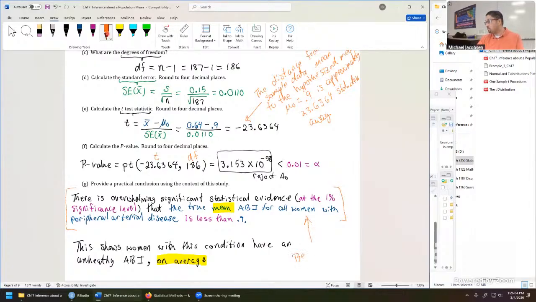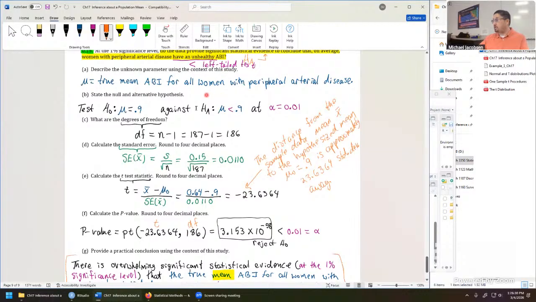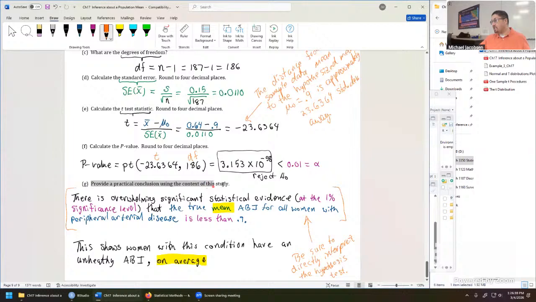Be sure to directly interpret the hypothesis test, meaning whatever you said the null and the alternative hypothesis was right here, we have to come back here, involve whatever you said the parameter mu was in your overall conclusion. So when it says provide a practical conclusion, we mean this part right here. Anything additional you want to say, that's going to be up to you.